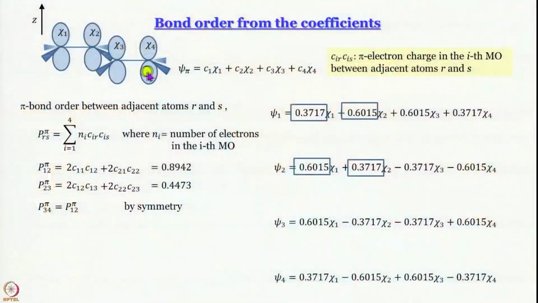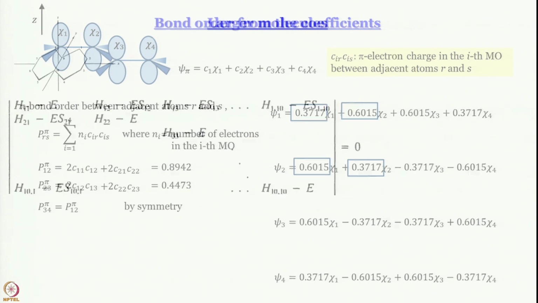So, what we see is that for the bonds 1, 2 and 3, 4, the pi bond order is 0.8942, a little less than 1, and for 2, 3 the pi bond order is a little less than half. Does this agree with the valence bond pictures that you drew? Please draw the resonating structures and convince yourself that this pi bond order is actually in agreement with what you get from valence bond theory using resonance as well.